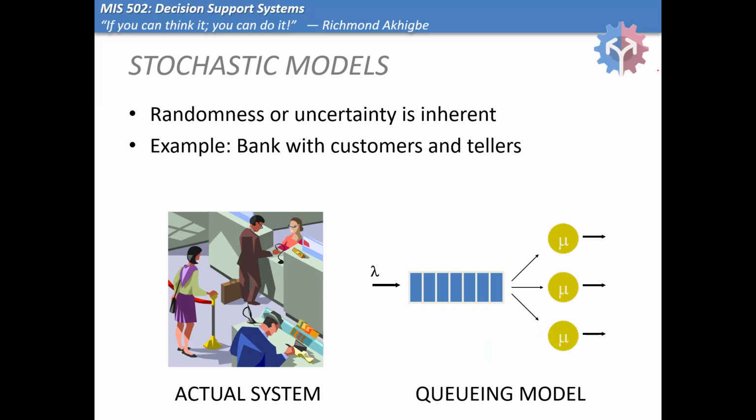Whenever you see the word stochastic, it means that there is some randomness in it. So randomness and uncertainty are inherent in these things, and examples are like what we have seen: a bank with customers and tellers, customers coming in and being served, and some sort of queues being formed.